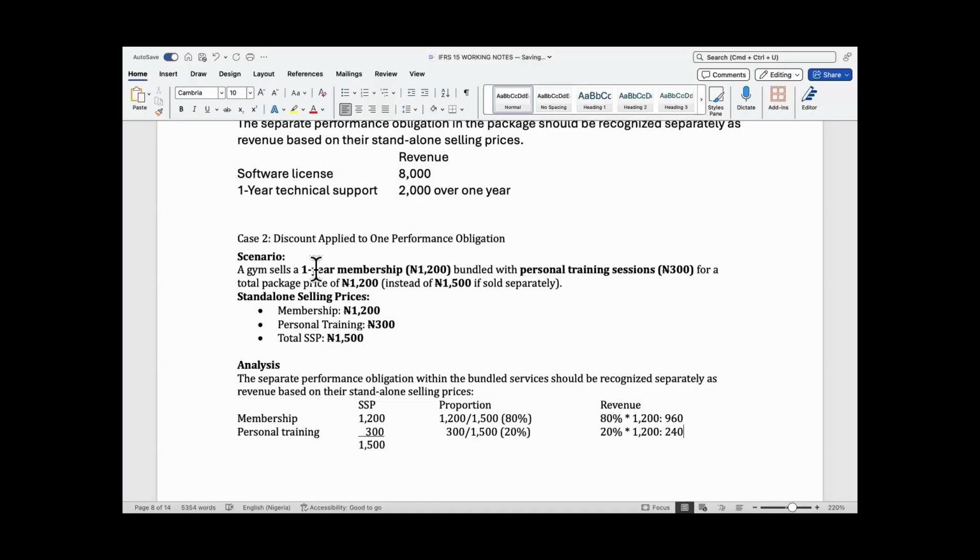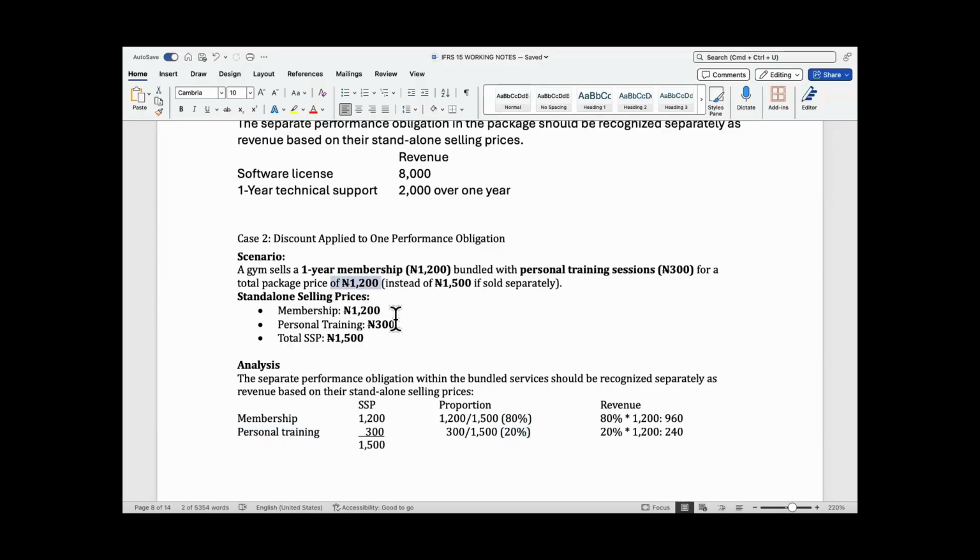So even though they are giving the two services bundled, we will need to recognize the separate performance obligation separately as revenue based on their standalone selling price. So membership and personal training. You will see that I use their standalone selling price to get a proportion, a ratio for sharing the total package.